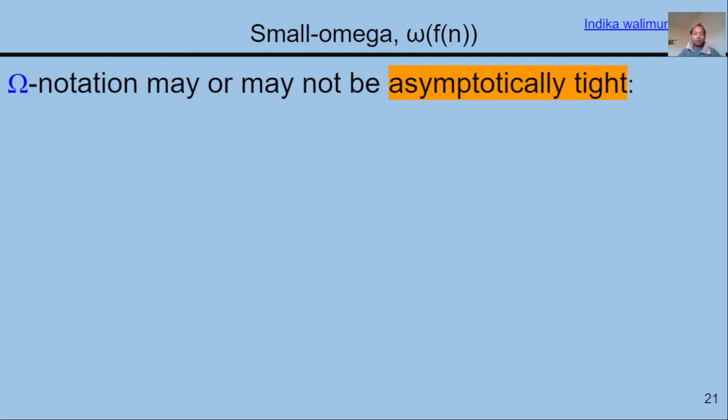Similarly to small O notation, there's a small omega notation. Again similar to big O notation, big omega works for both asymptotically tight and not tight situations.